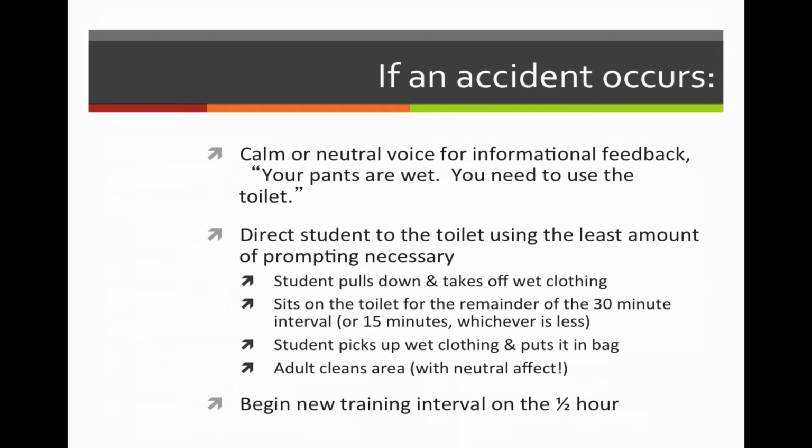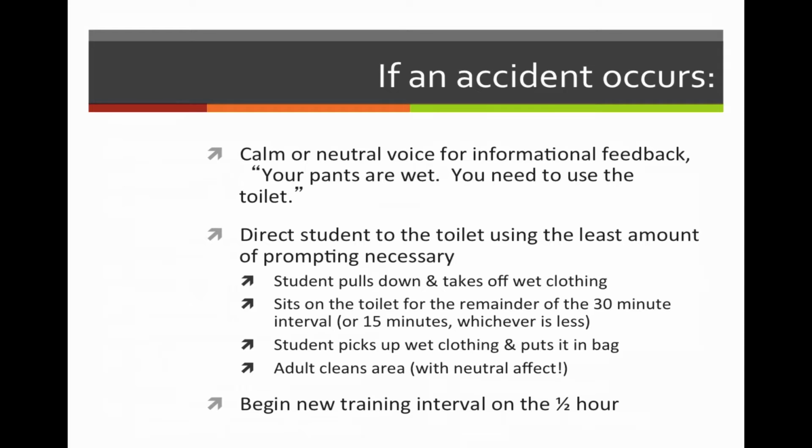So the student's going to go and take their clothes off, sit on the toilet, pick up their wet clothing, putting it in a bag. You want to stay hygienic through this whole process. And then the adult is cleaning the area. You want to remain neutral, and that can be difficult for some people, especially if there's feces involved. But the reason the adult is cleaning up the area is it's purely hygienic at this point in time.